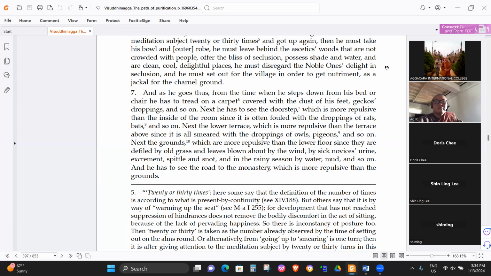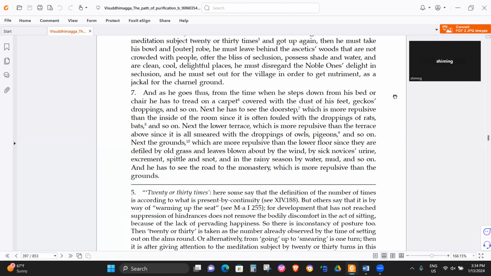Next, the lower terrace, which is more repulsive than the terrace above, since it is all smeared with the droppings of pigeons, and so on. Next, the grounds, which are more repulsive than the lower floor, since they are defiled by old grass and leaves blown about by the wind, by sick novices, urine, excrement, spittle, and snot, and in the rainy season by water, mud, and so on. And he has to see the road to the monastery, which is more repulsive than the ground.